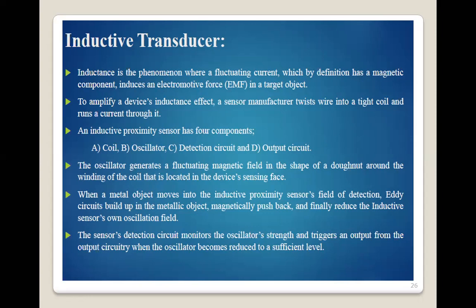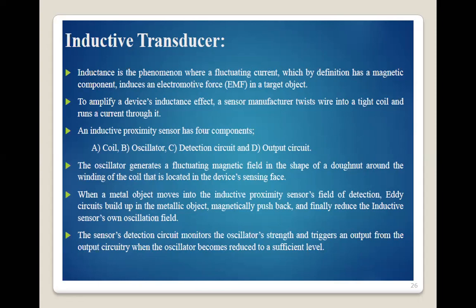To amplify a device's inductance effect, a sensor manufacturer twists wire into a tight coil and runs a current through it. Now, the inductive proximity sensor has four components.